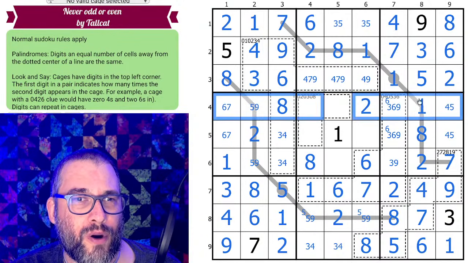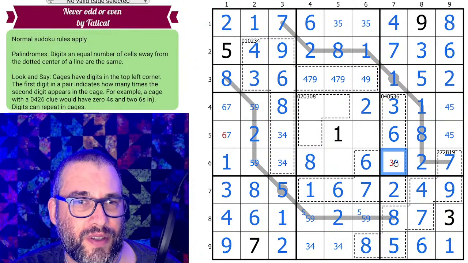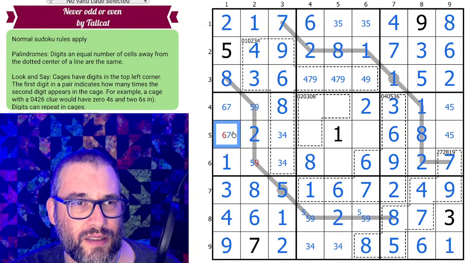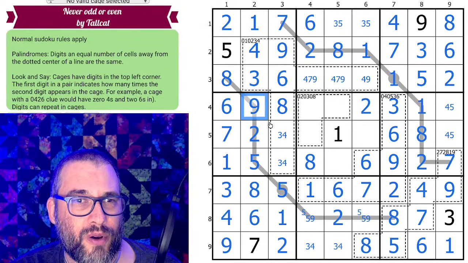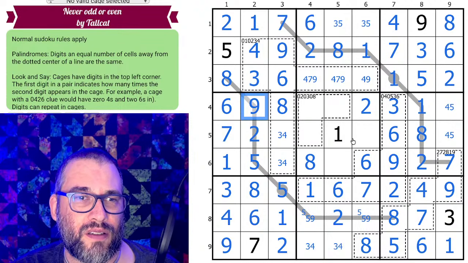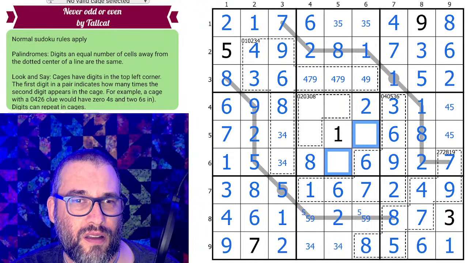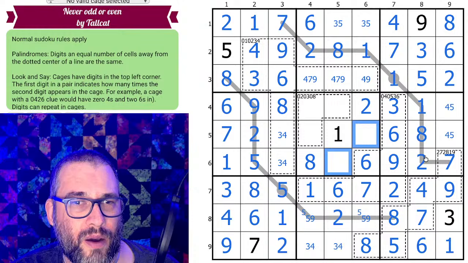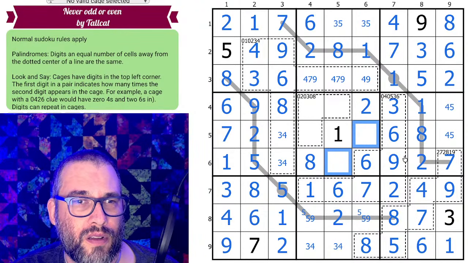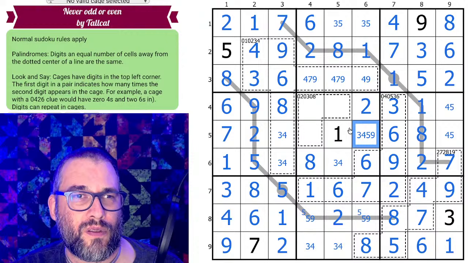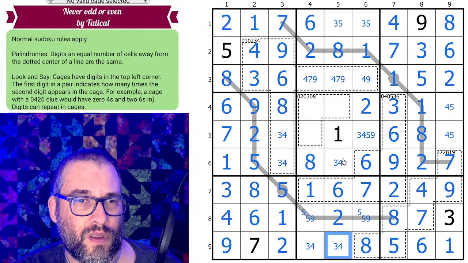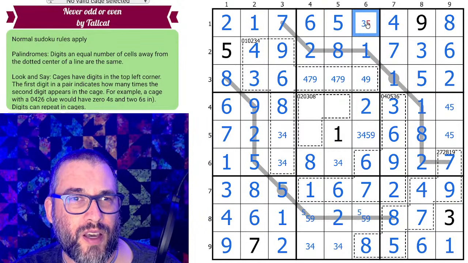Three in row 4 now. Excellent, because there, so that's a 6 and a 9. That's going to do a whole lot. Now, let's see. Three, 4 pair looks up.